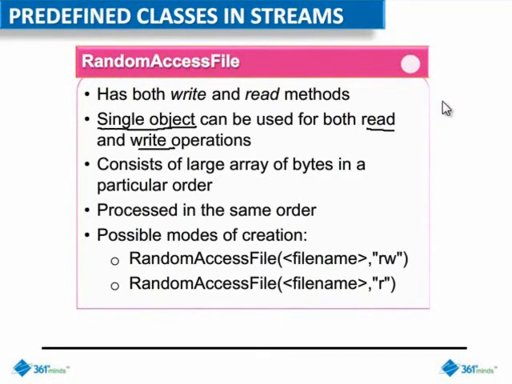But then we are not going to use random access file to hide a file, but we can use the read write method to say that the file can be both read and write. Whereas the random access file with the R option makes the file only read only, and therefore you will not be able to write any stuff onto that file. Read write is both read and write operations.